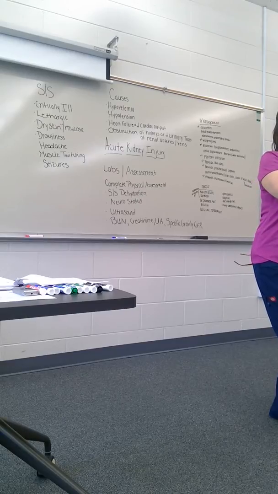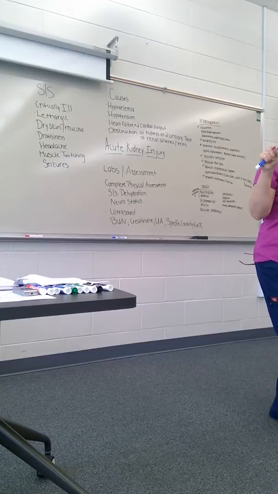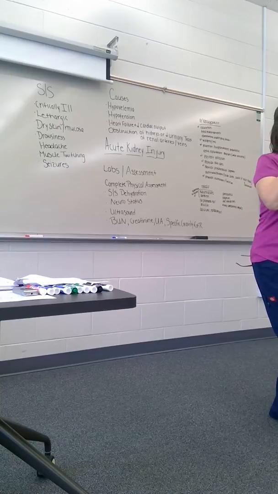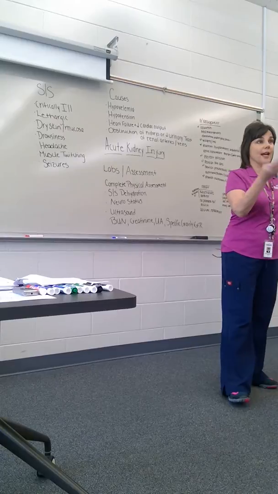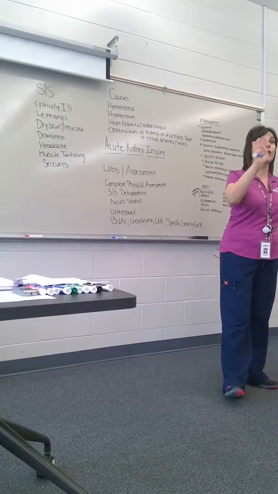Because remember, when you listen to the lecture and you look in that first chapter, chapter 53, that renin-angiotensin system comes into play to help regulate our blood pressure, okay? If our blood pressure needs to be elevated, then we're going to have that system triggered to raise our blood pressure. Well, ACE inhibitors block that and keep the blood pressure low.